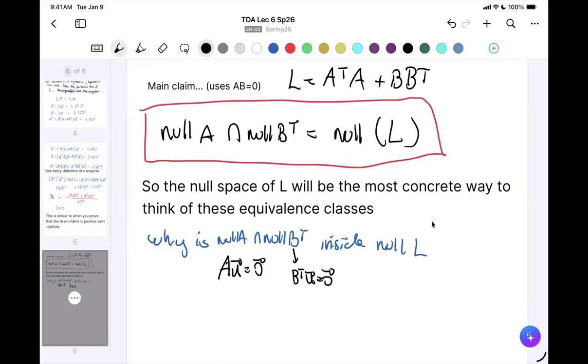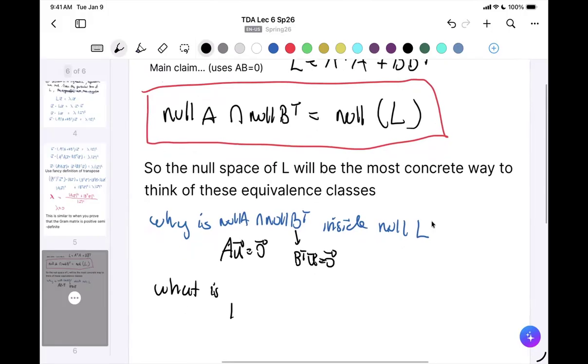So if you have a vector that is in the intersection, it's a vector for which A times U is 0 and for which B transpose U is 0. That's what it means to be in both null spaces. So in that case, what is L times U? Well, L times U is A transpose A plus B transpose times U, right?